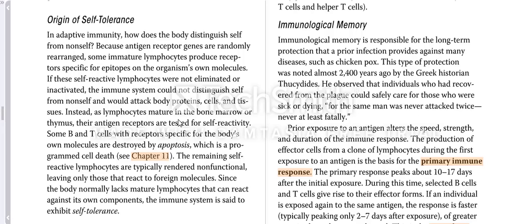Basically, the gist of this section is that lymphocytes that are produced with receptors for epitopes on the organism's own molecules, if they react to cells in the organism, are destroyed by apoptosis.